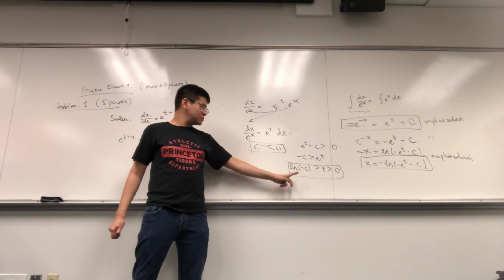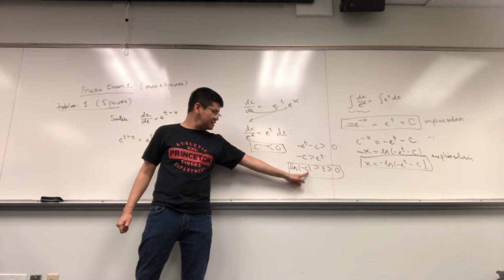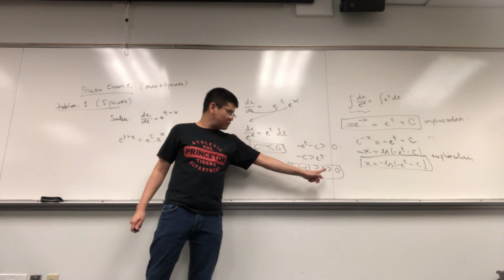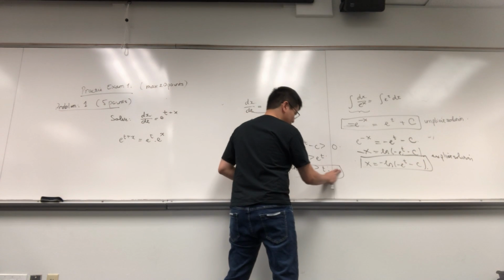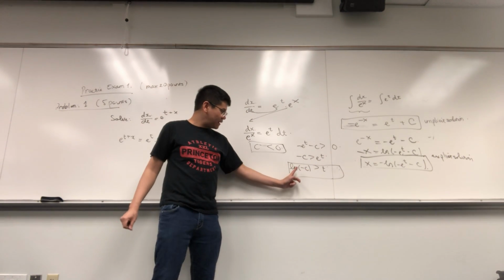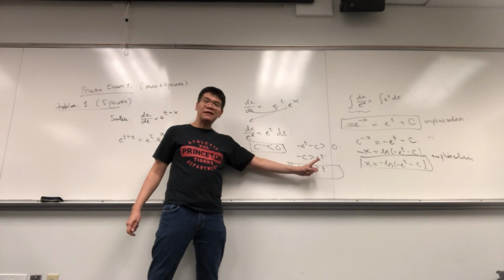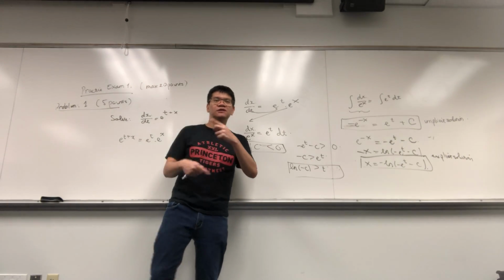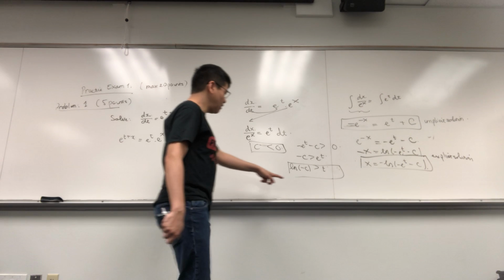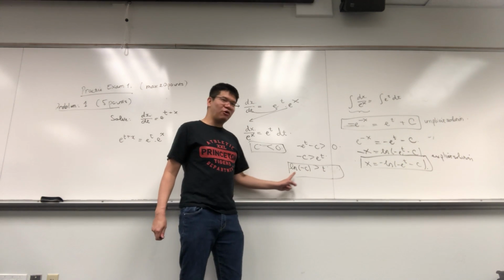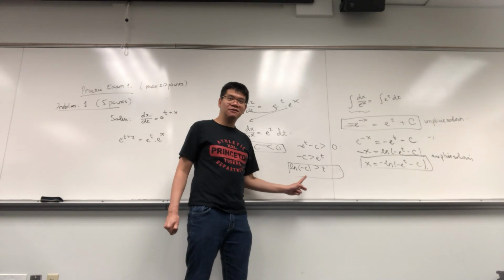All right? Now you take the log and you see that log of minus c is greater than t. We don't need t to be positive, but log of minus c is greater than t, which means that the solution cannot be defined everywhere. It is defined only when t is smaller than log of minus c, right?